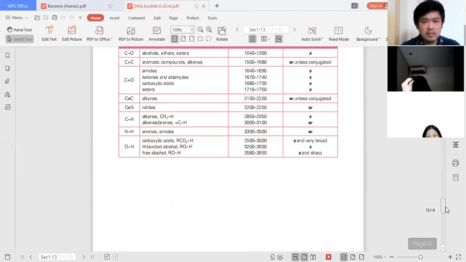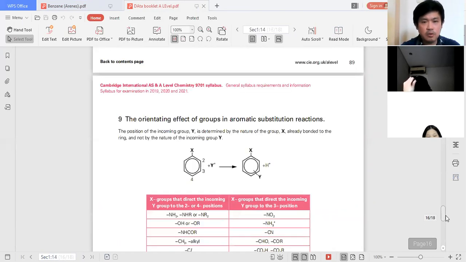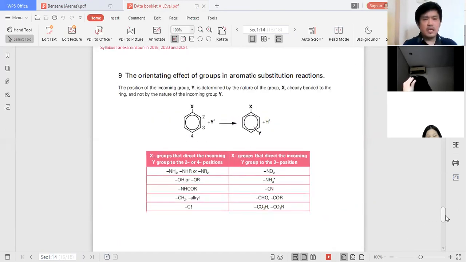Not all of us remember, and we should not memorize which X group makes the incoming group go to position 2 or 4. We can use the data booklet because it is the only thing that we can use. Okay, it is the only thing that we can use.